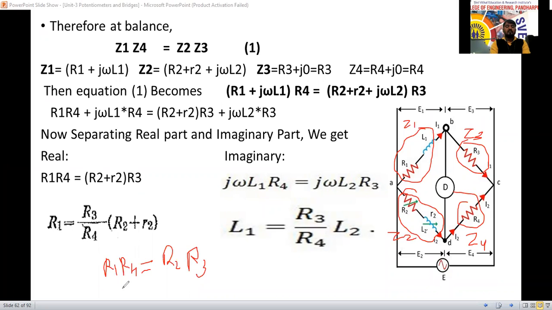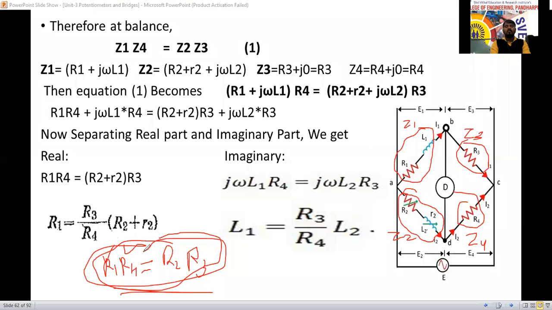But for this Maxwell AC bridge, now this is an AC bridge. For the AC bridges, the resistances R1 and R4 and so on are replaced by impedances. So what is the equation for the balance condition? Z1, Z4 equal to Z2, Z3.